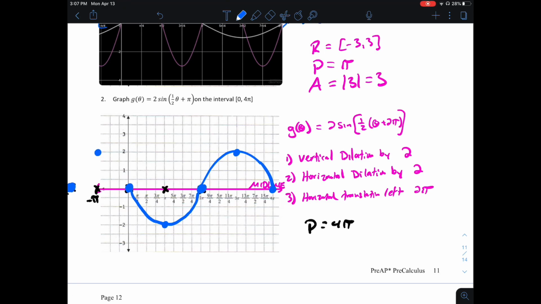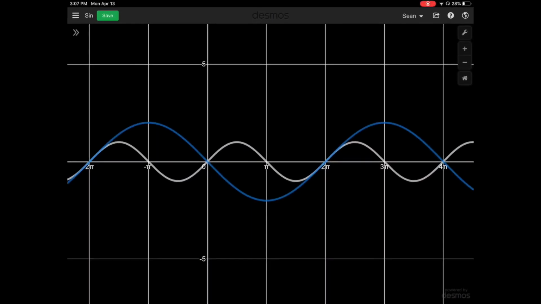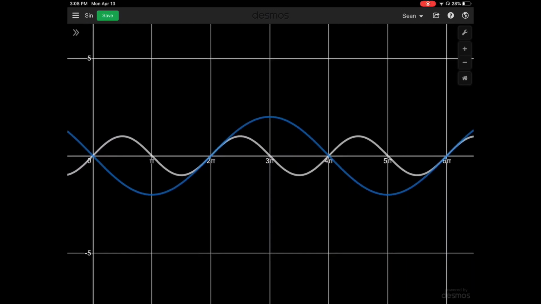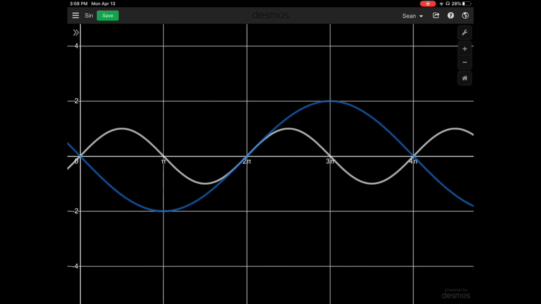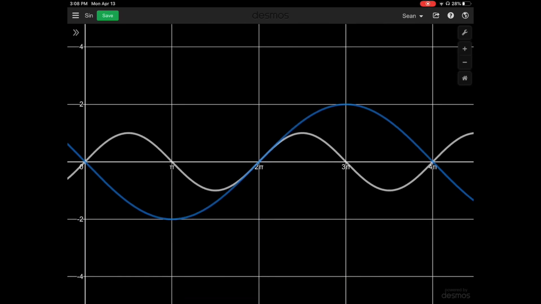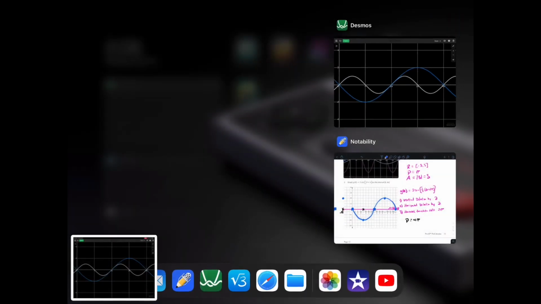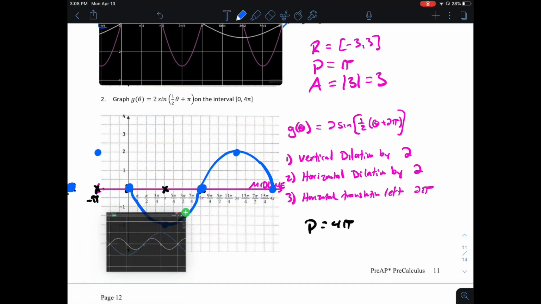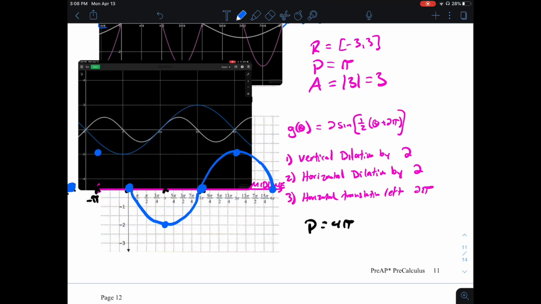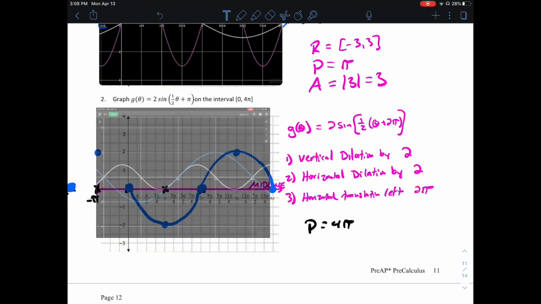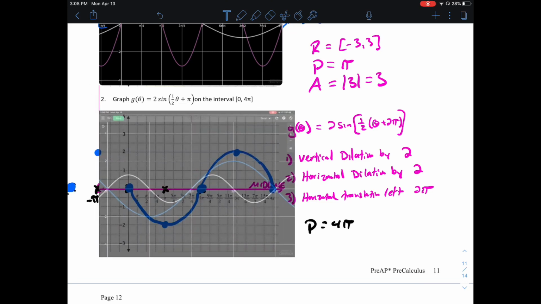Let me bring in the graph from Desmos, because you're allowed to use a calculator for this. So here is the graph from 0 to 4 pi. The white graph would be the original function, and then the blue graph is function g. I like to have the parent on here so it's easier to compare them with each other.